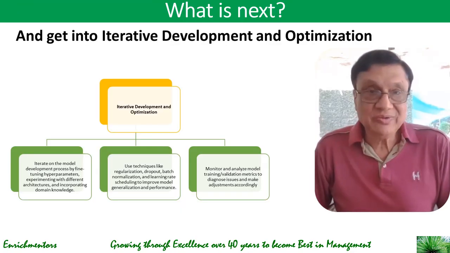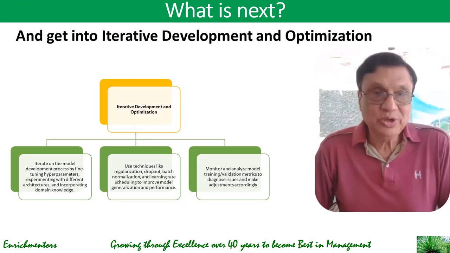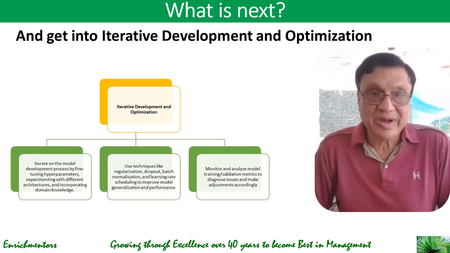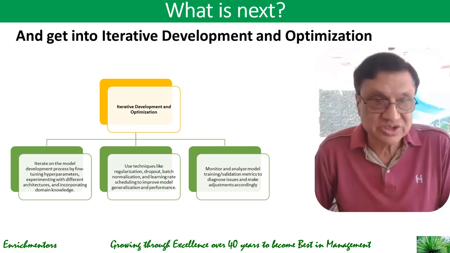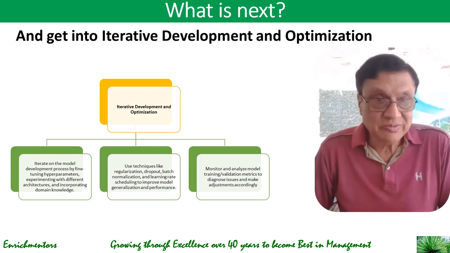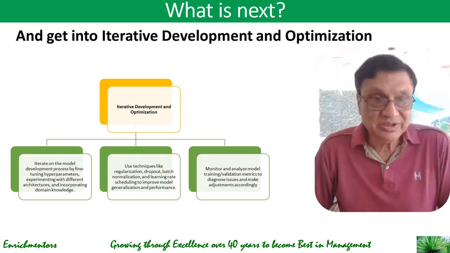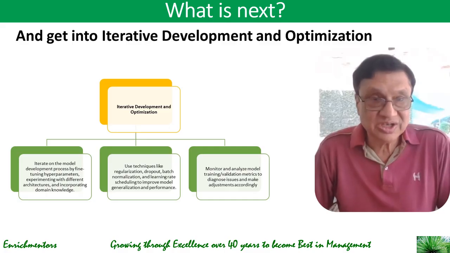Having done that, what do we do next? We will get into the next major step of iterative development and optimization, where we will talk about how to iterate on the model development process by tuning hyperparameters, experimenting with different architectures, and incorporating domain knowledge.